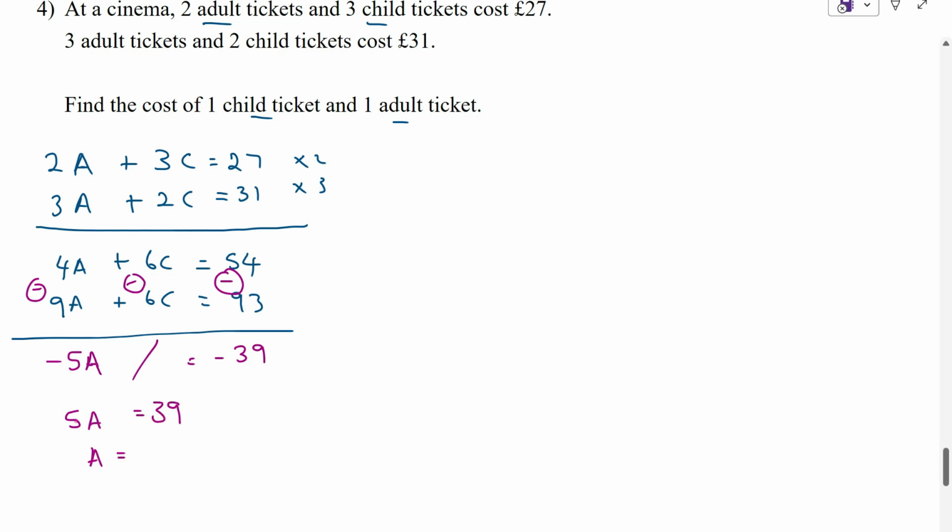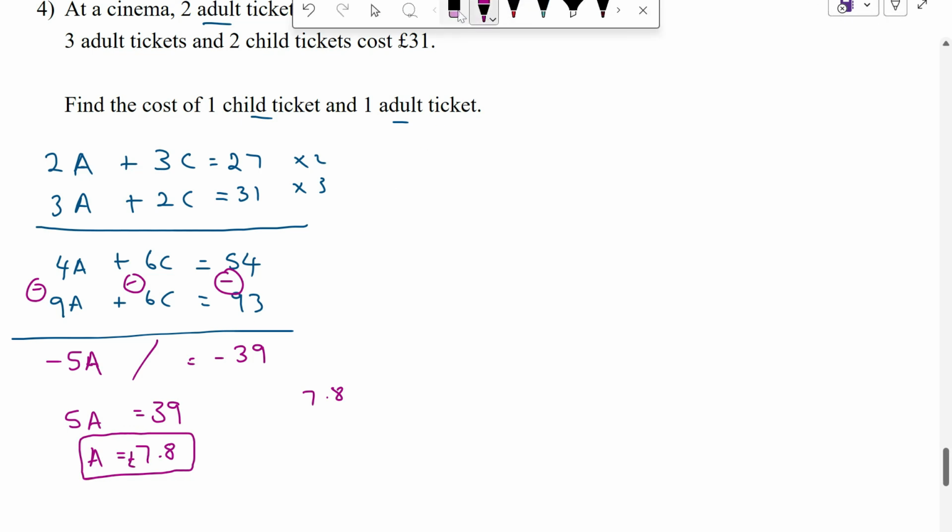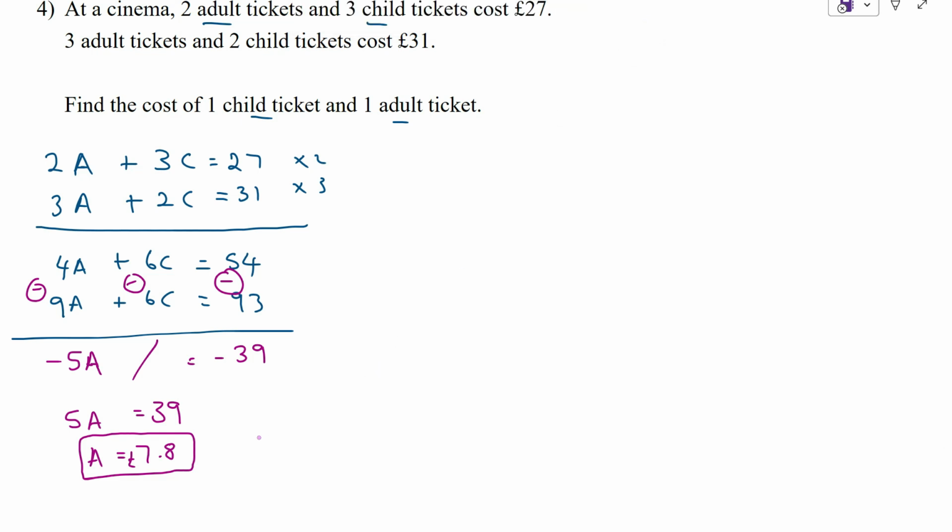A equals 39 over 5, so 35 divided by 5 is 7. 4 over 5 is 0.8, so cost of an adult ticket is £7.80. It's not a round number, that's fine.